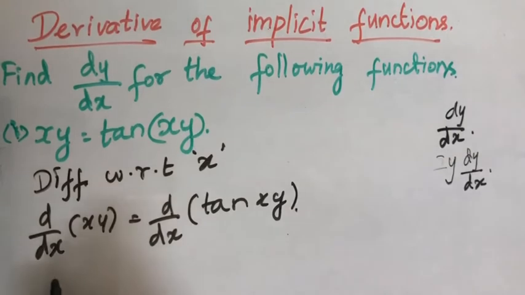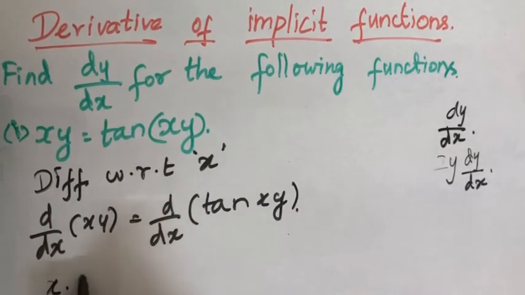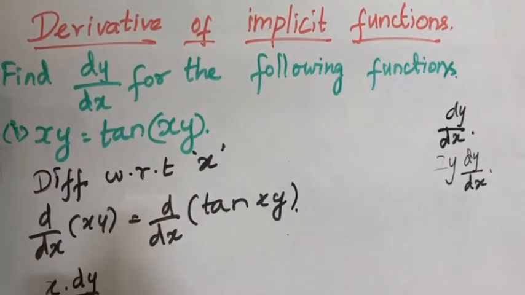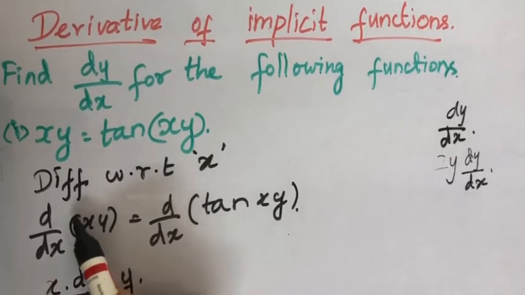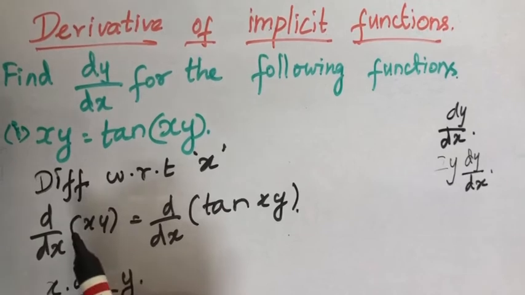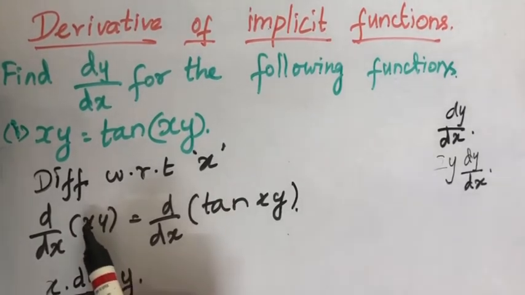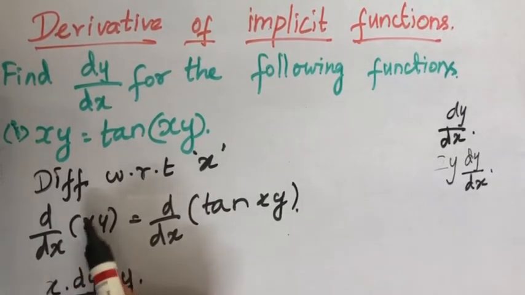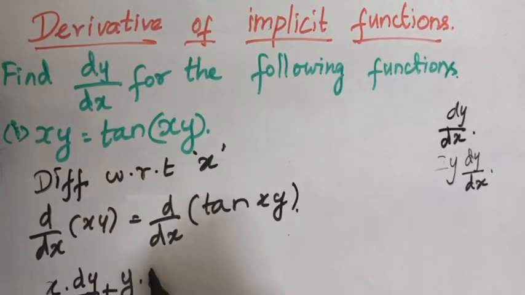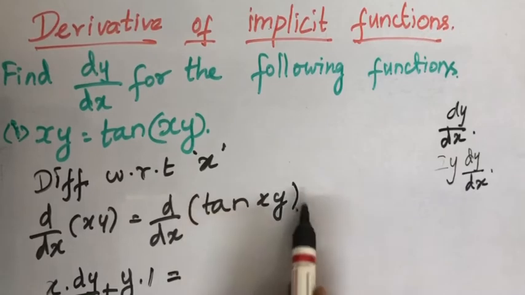Product of functions. So, x into dy by dx plus y into, we have to differentiate x, isn't it? uv dash plus vu dash. So, while differentiating x with respect to x, I get 1. That is equal to d by dx of tan xy.